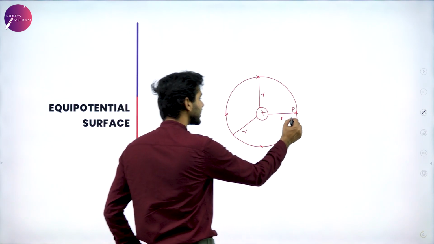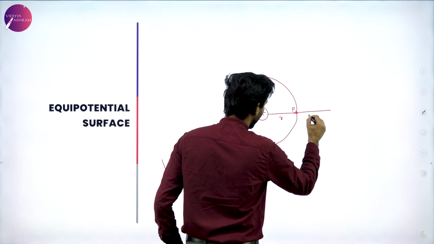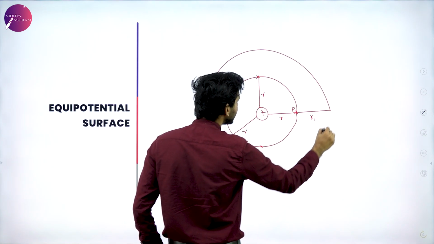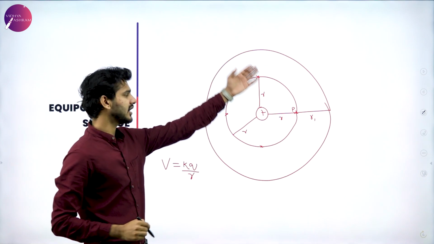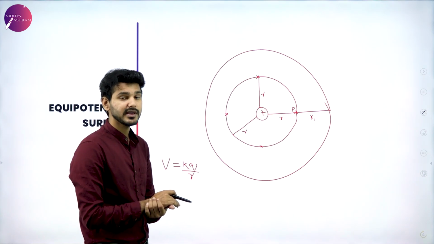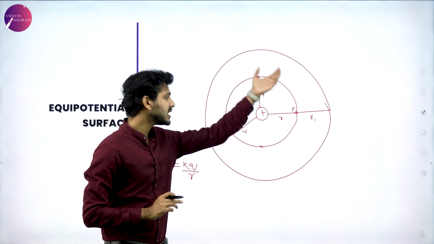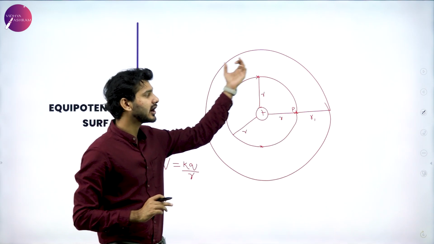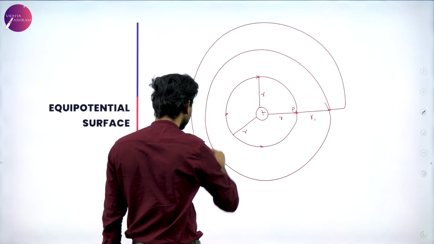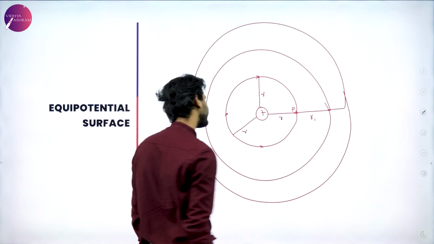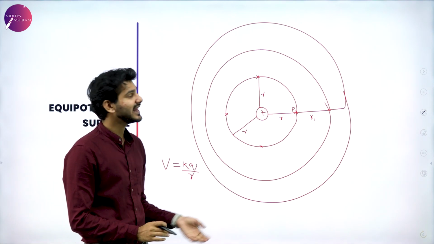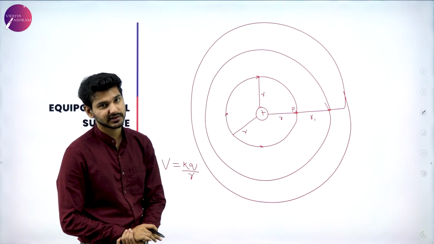So we can consider another sphere which is r1 distance away. Then we can say that anywhere along this line, the charge will have equal potential. Just like that, if we consider another r3, then again here it will have an equal amount of potential anywhere along this particular path.